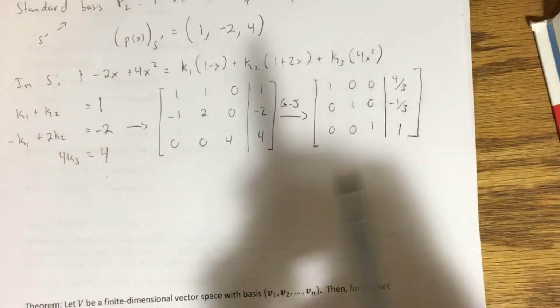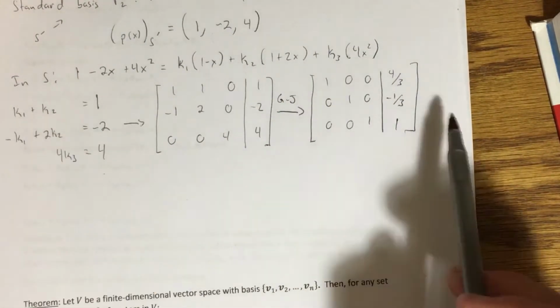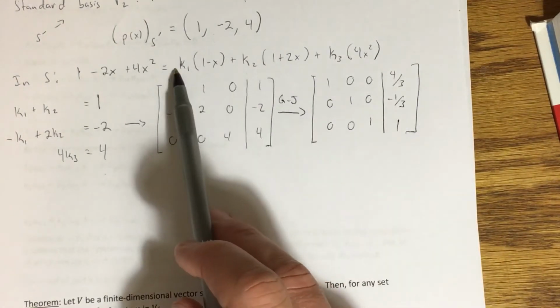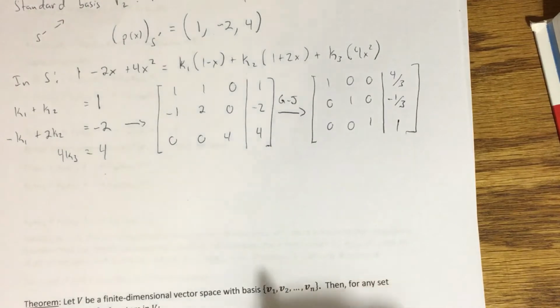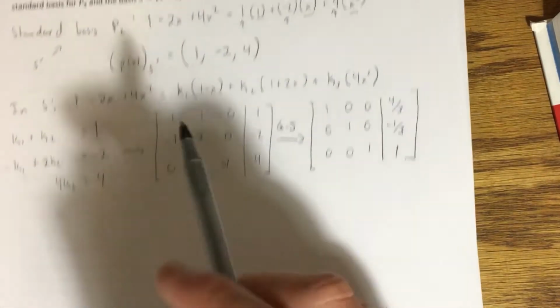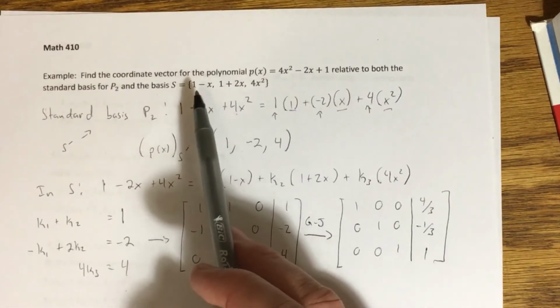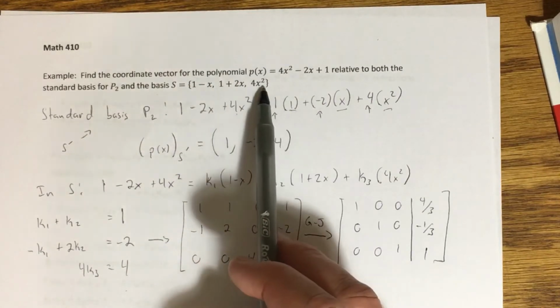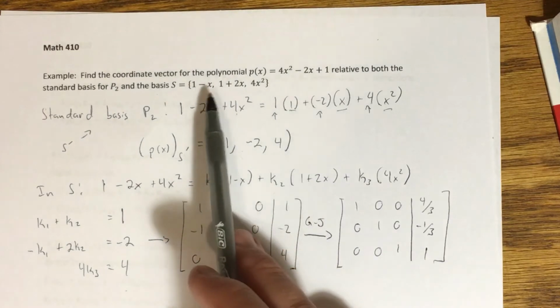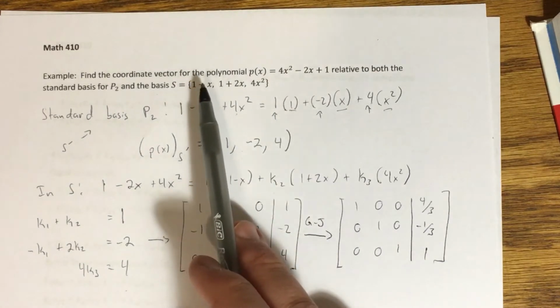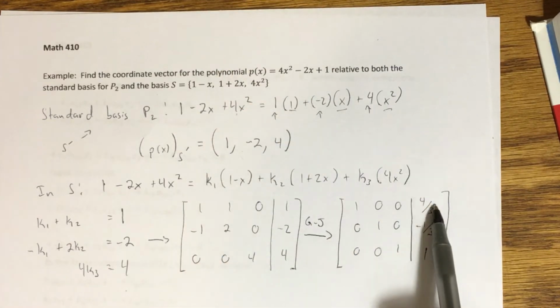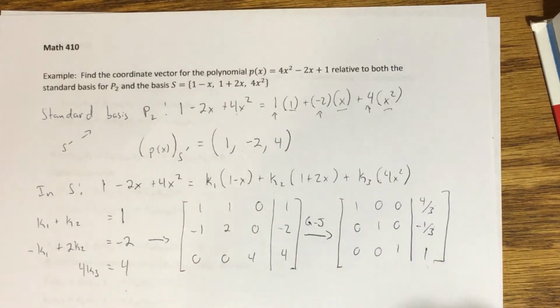Because remember, the unknowns were k1, k2, and k3. This is the solution that I get. And so these would be the scalars which make up my coordinates. And again, we think of this as an ordered basis. So even though as a set, there's technically not a prescribed order in the general case, here we're actually thinking of this as vector 1, vector 2, and vector 3, so that these coordinates should be written in this exact order.